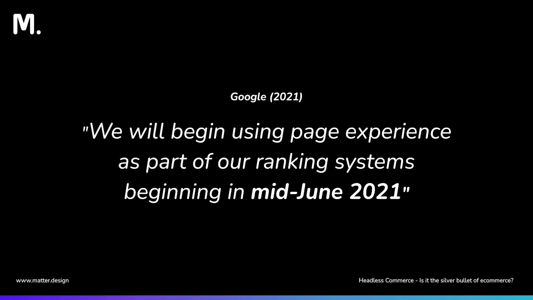Secondly, we can see that Google is going to change their algorithm from mid-June. It's actually going to be in place by the end of this month, where they'll be using metrics that measure the page speed, the page experience for the user, as part of the way that they rank websites on their search result pages.